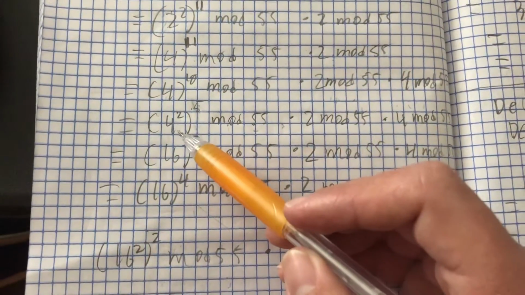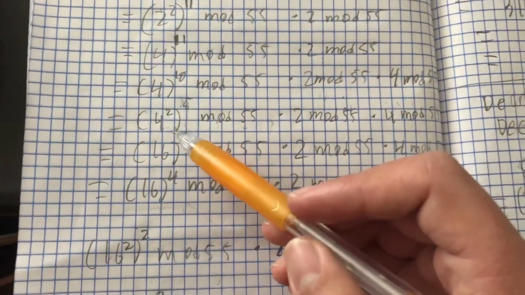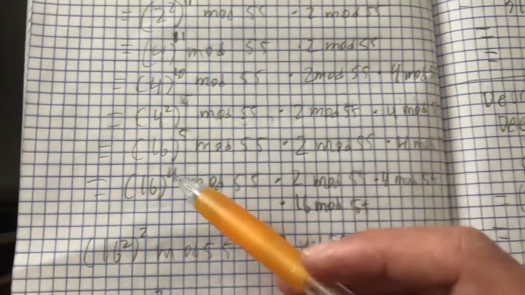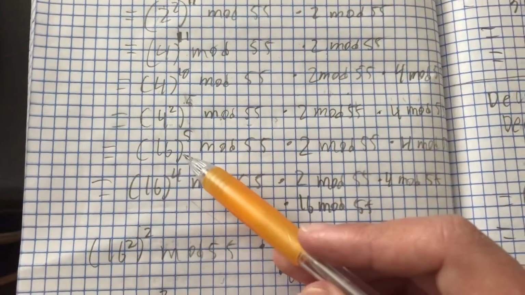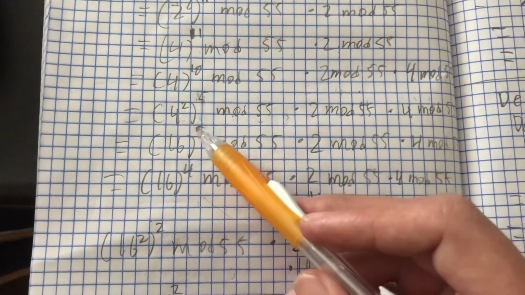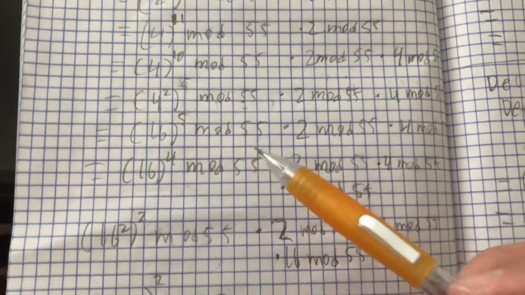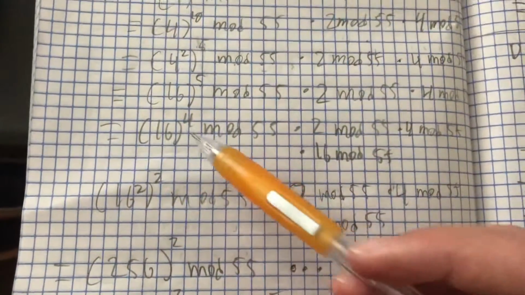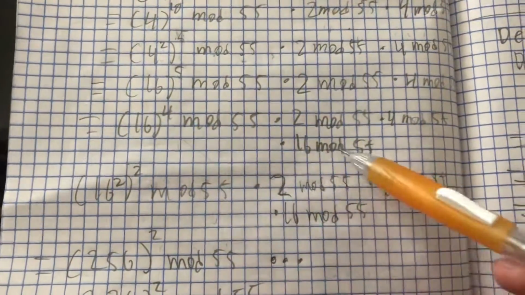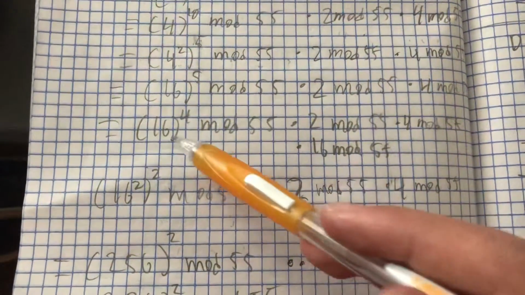So then we get 4 squared to the 5th power, and then we get 16 to the 5th power. And since we have another odd power, we do the same thing where we do 16 to the 4th times 16 mod 55, so that it simplifies it once again.